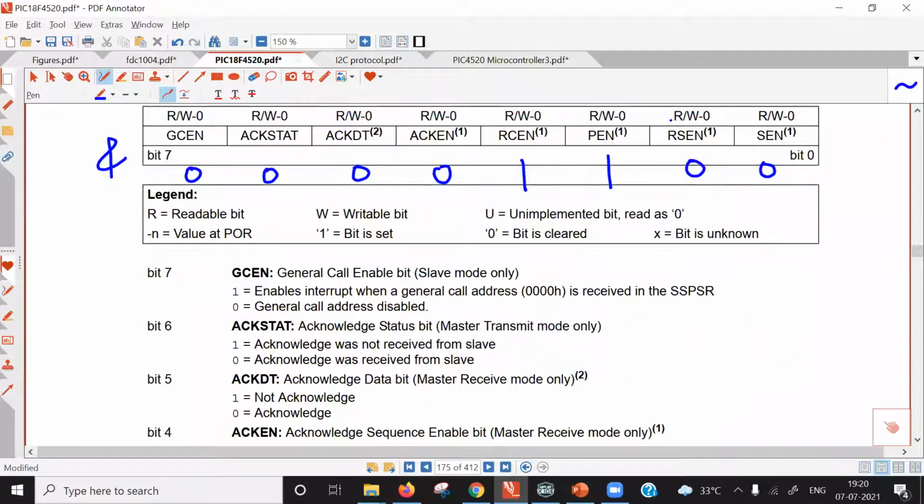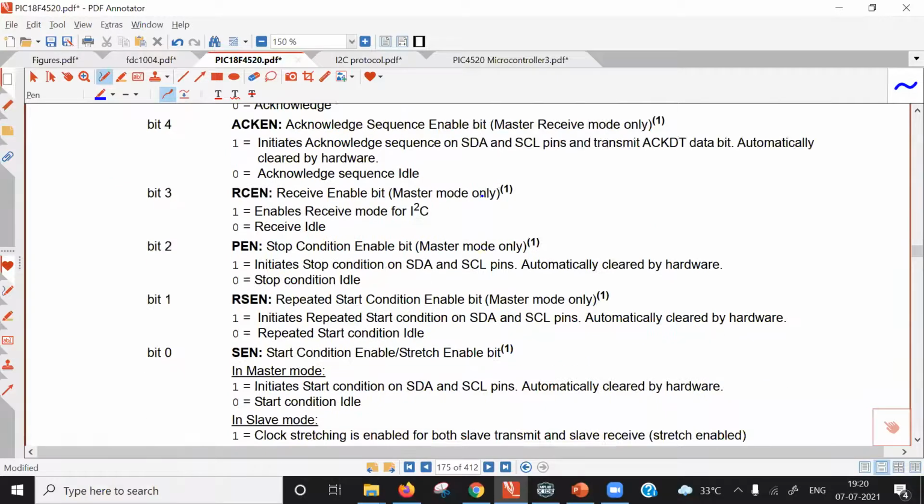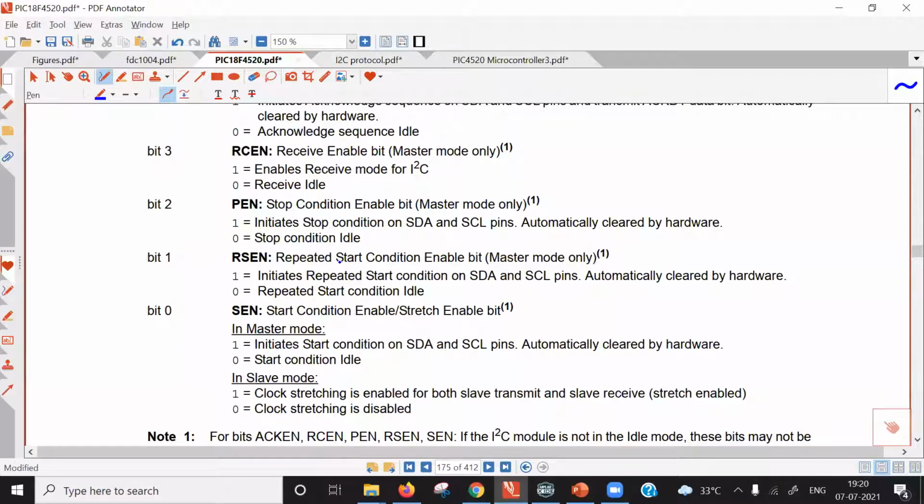Next bit is RSEN. RSEN stands for repeated start condition enable bit. Some peripheral devices require repeated start condition if you want to do multiple read or write operations.